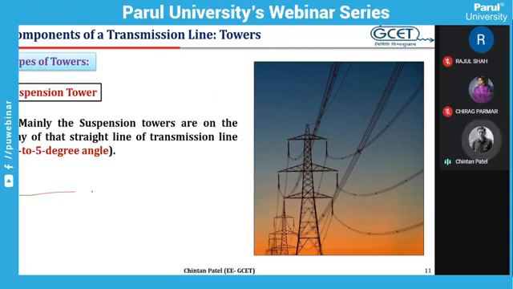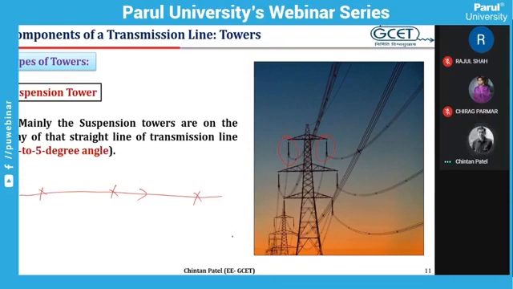For example, transmission line is going like this. So if here there is a tower, here there is a tower, here there is a tower, all these towers are suspension tower. Why they are called suspension tower? Because these insulators, you can see, they are suspended vertically. So it is suspension tower.